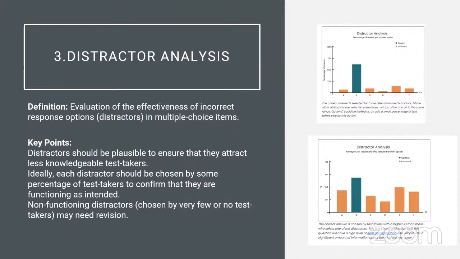Distractor analysis is very important, particularly when you are designing multiple choice items. For example, you have a question and 4 options are there. So if you follow the equal probability, that means equal probability will be 25%.